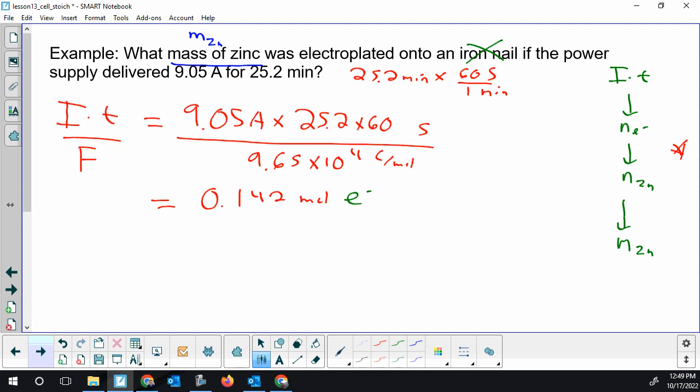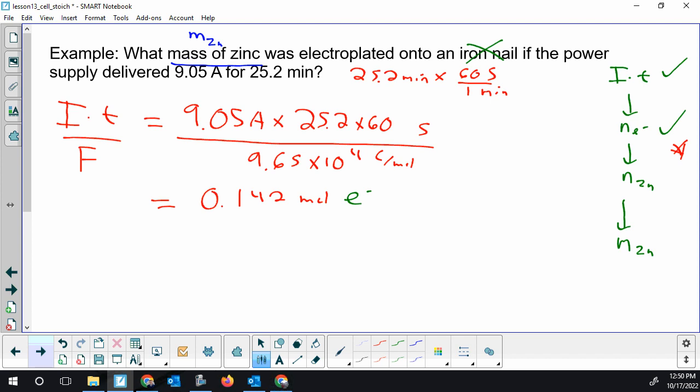So we started there, we got moles of electrons, we're on to moles of zinc. We do not need the whole reaction, we just need the half reaction that makes zinc. It's quite low in the table, at minus 0.76 volts. I'm going to copy this onto the board, though many of you would just look at your table.